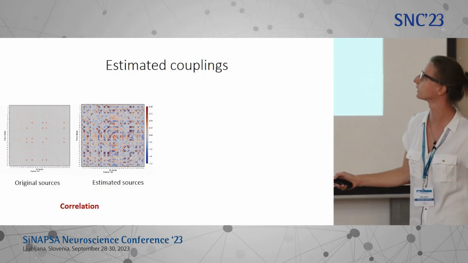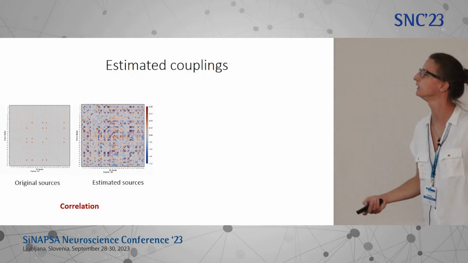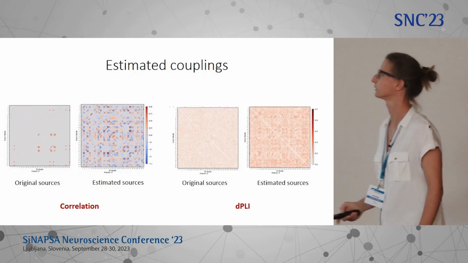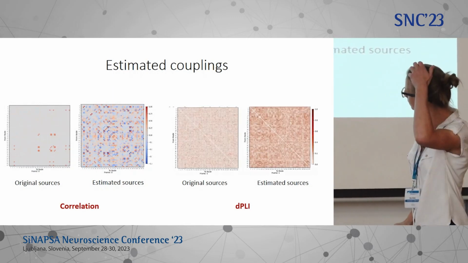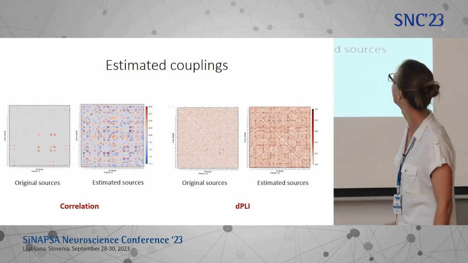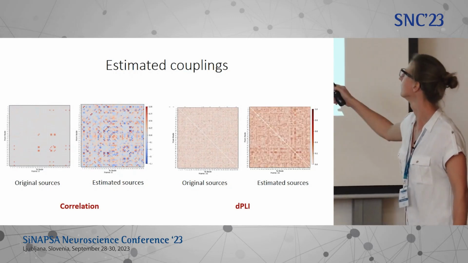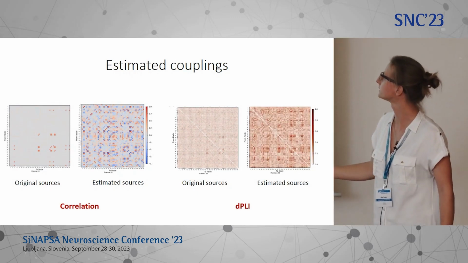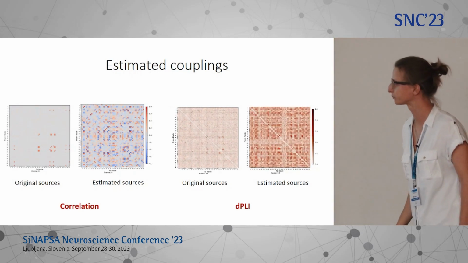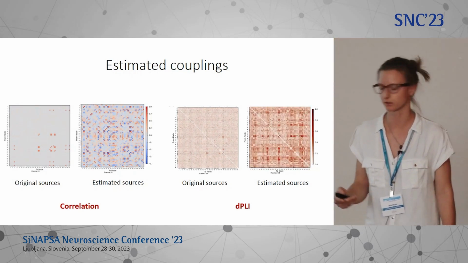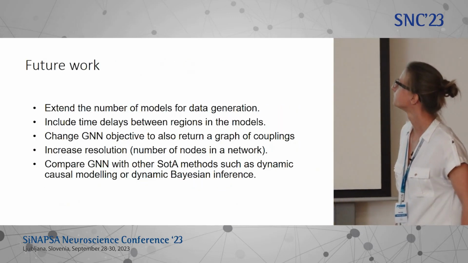It's a complete mess. This is also the advantage of graph neural networks, let's say. And this is another method, but I will not go into it right now. You can also see a big difference, and there is some correct coupling, but there's also a lot of noise.